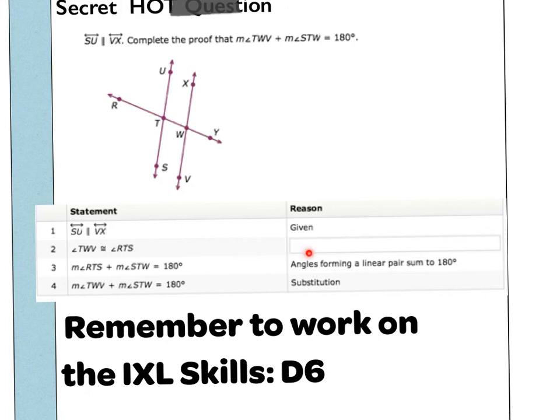And you're trying to figure out what is step number 2. What is the reason why? Why is this true? Okay, so make sure you figure it out using all the information that is given.